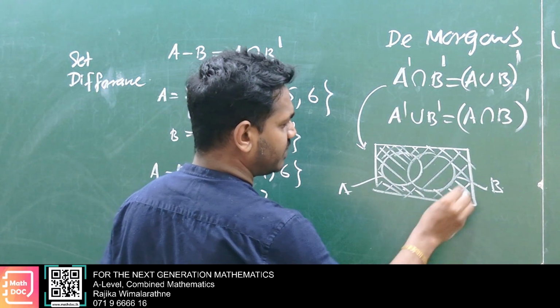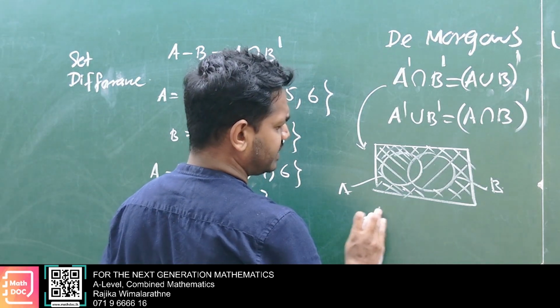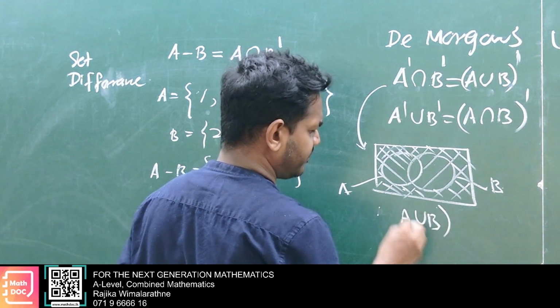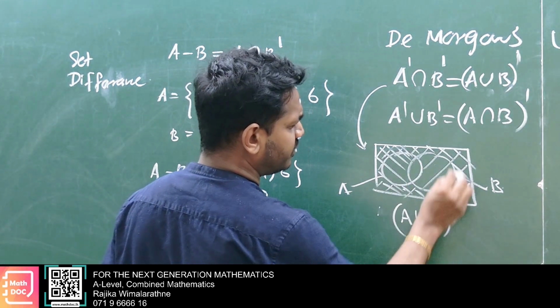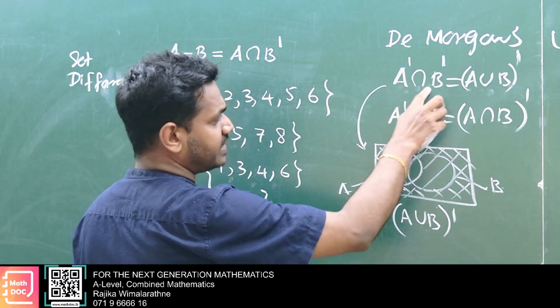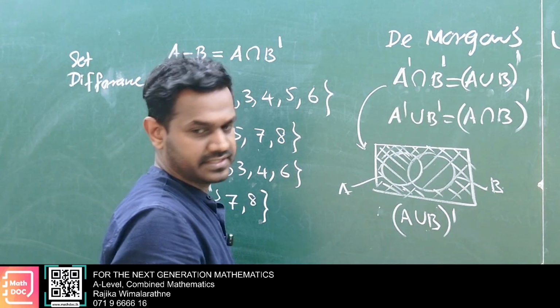Therefore, we can see A union B dash is also the same. Here A union B, the full part, dash means excluded. Therefore, A intersection B dash equals A union B dash.